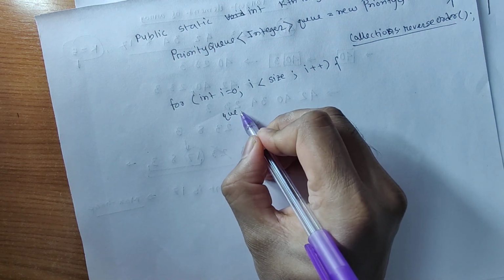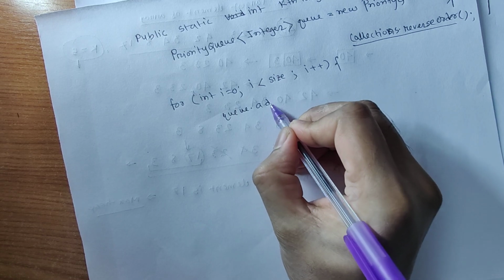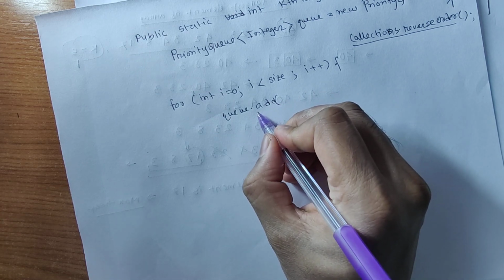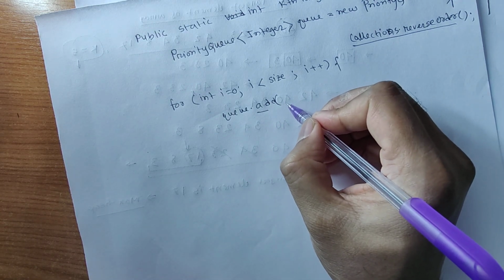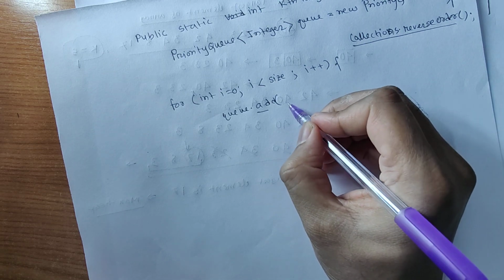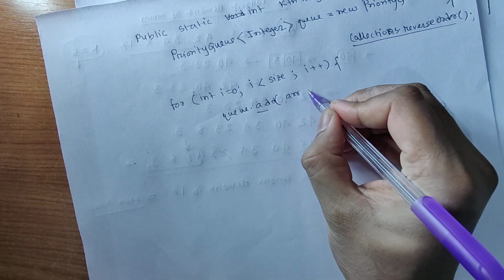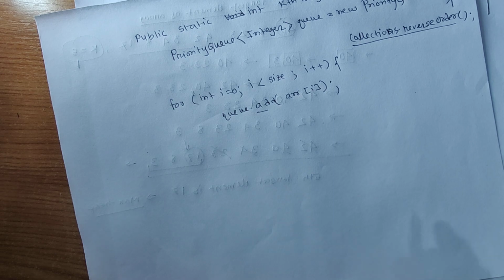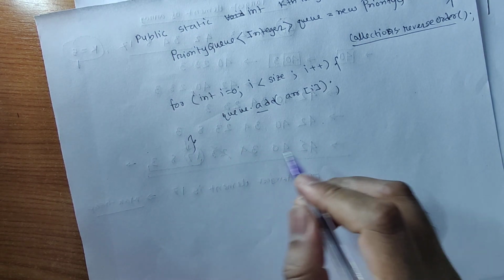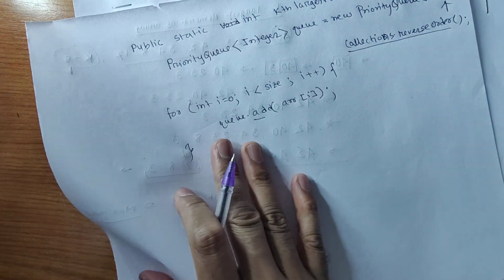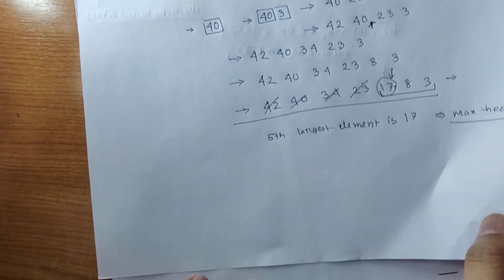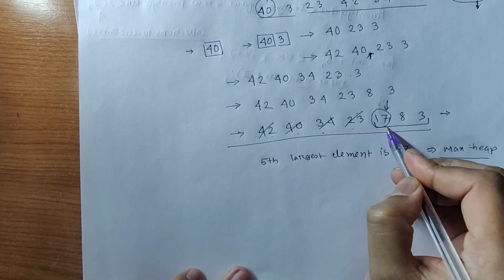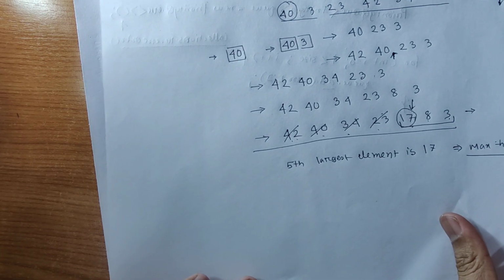So q.add, and we insert array of i. So now our elements will be like the way we described earlier: 42, 40, 34, 23, 17, 8 and 3. So it will be like this.